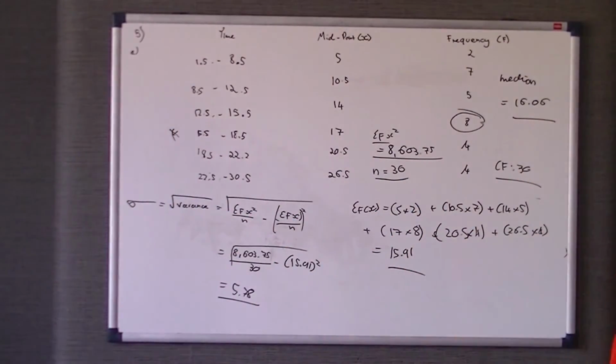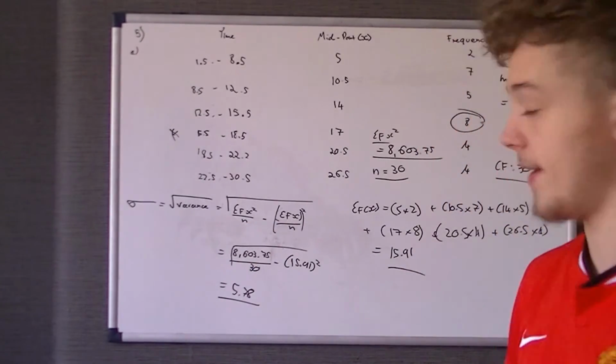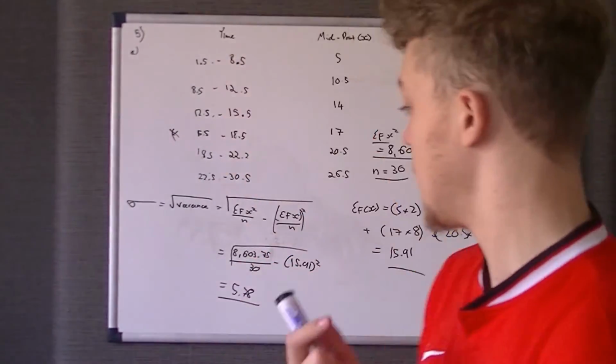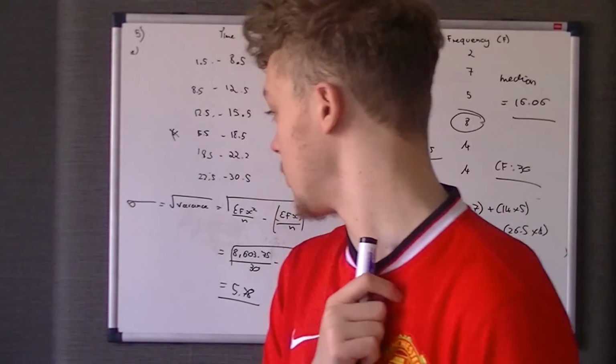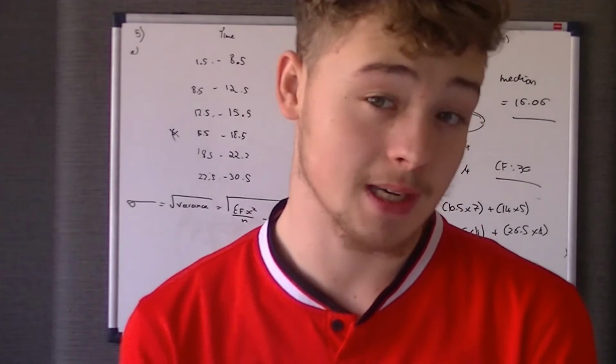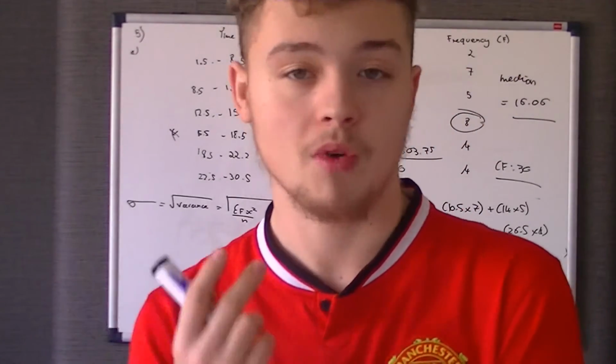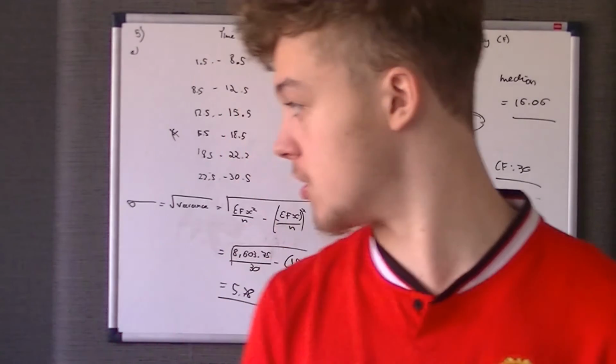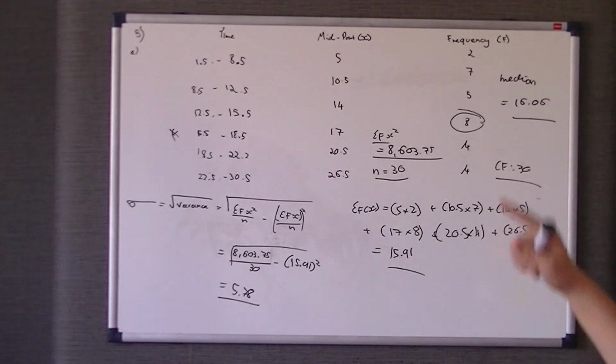Now, if you did what I did and didn't realise you had to divide the fx squared by n, you would get a value for the variance, and a value for the standard deviation as well, which is something like 30. And if you think, well, the range is just 3 standard deviations either side, and our mean is, I don't know, probably somewhere around 12.5-ish, I would imagine.